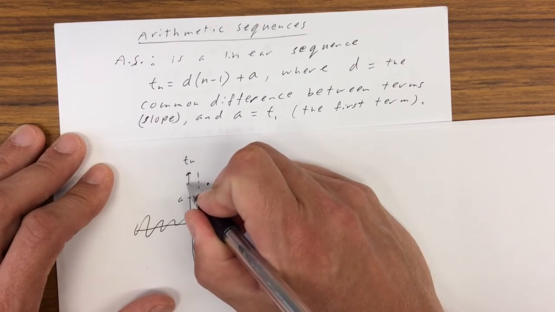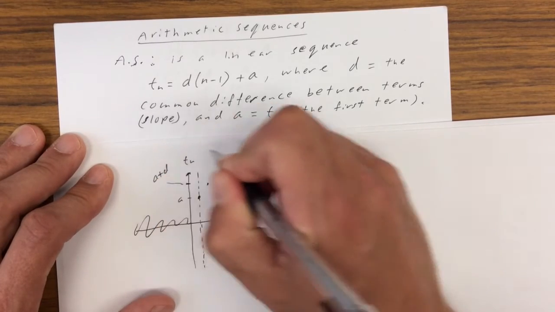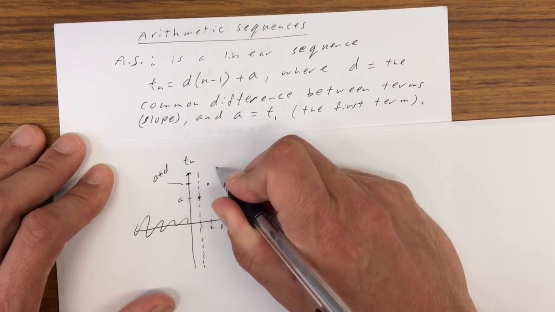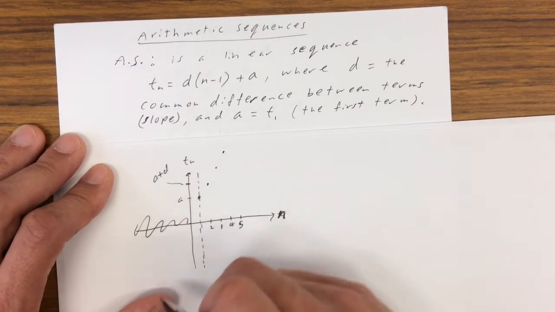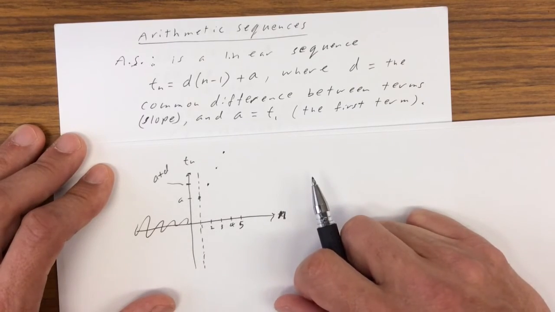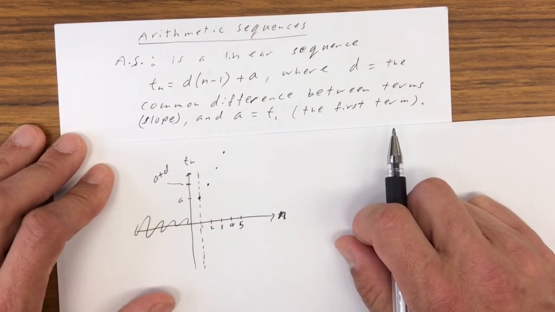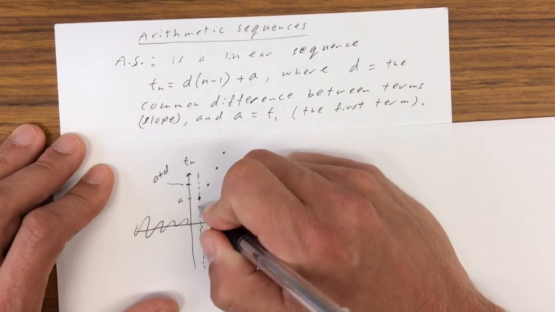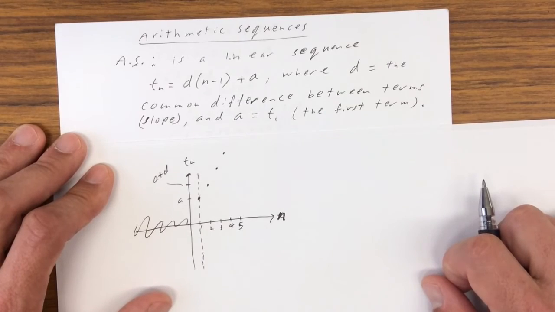Now, that value there is going to be a plus d. And then the next one would be up here. And next one up here, and so on. And those points would lie in a line for an arithmetic sequence. There are no points in between, though, because there is no term 1 1/2 or term 2 1/3. Okay, so an arithmetic sequence are points that lie on a line, but it doesn't create a line.